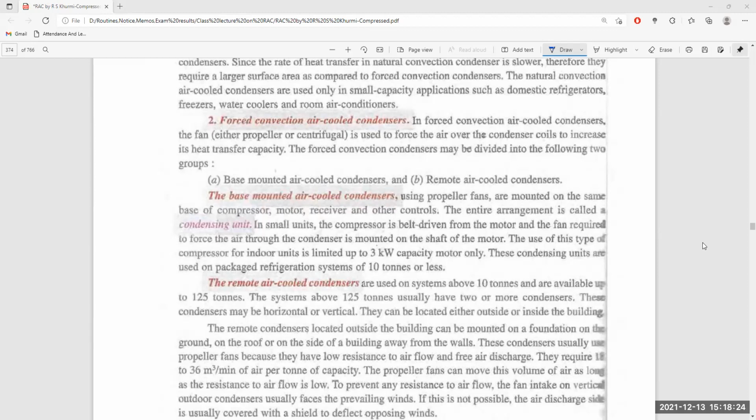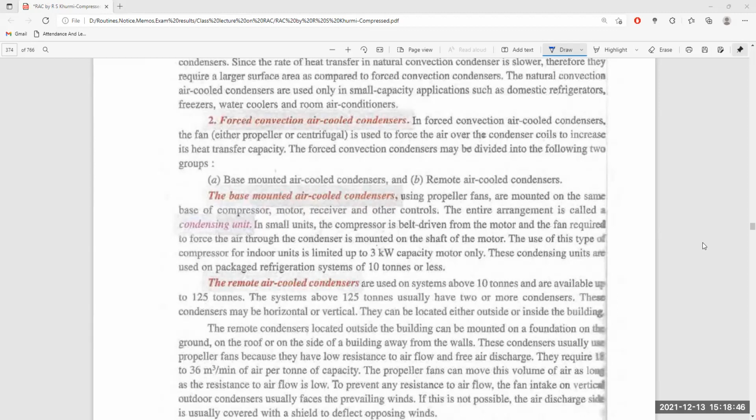The entire arrangement is called a condensing unit. The small compressor is belt driven from the motor, and the fan required to force the air through the condenser is mounted on the shaft of the motor. This type of arrangement for indoor use is for a 3 kilowatt capacity motor only.